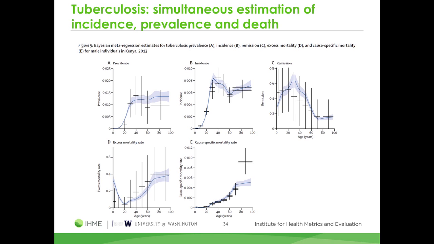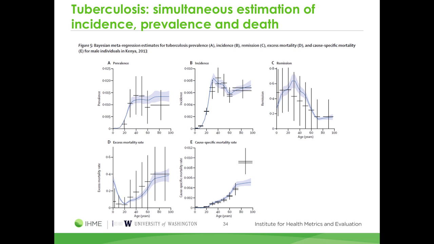And so what we then do is try to put all this together. The best way to see this is this illustration for Kenya in the year 2013. We have some prevalence data, we have the incidence data, we have estimates of the remission rate.